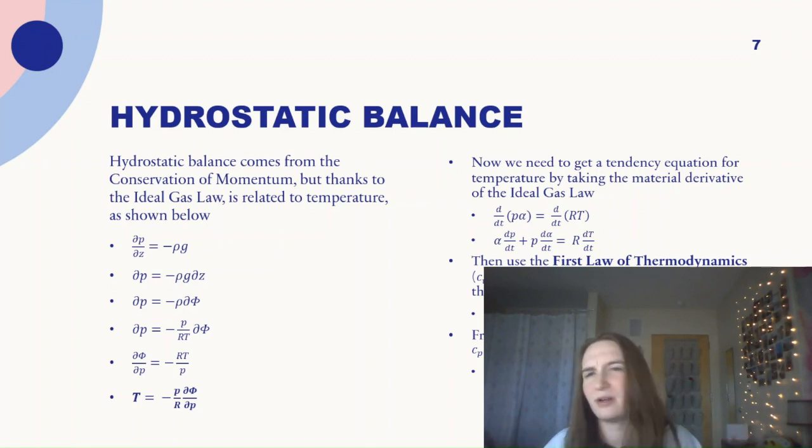Again, I've already gone over this when we did QG omega last year. These slides are identical. I copied and pasted them from last semester. All we're going to do is the exact same steps, except when we get our two equations with two unknowns, instead of solving for omega, we're just going to solve for geopotential.